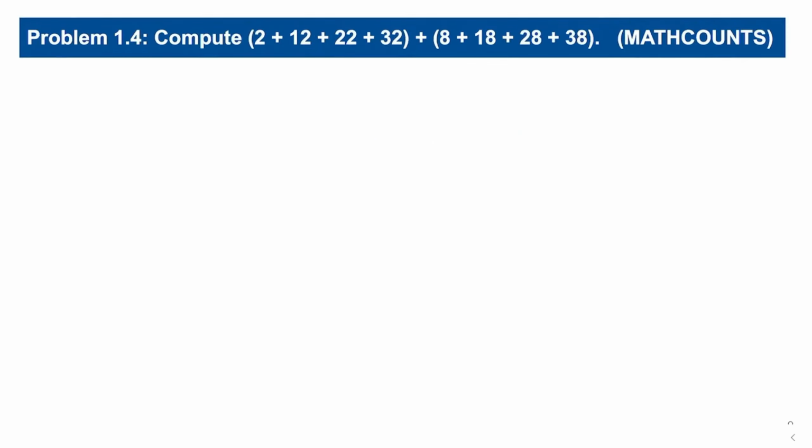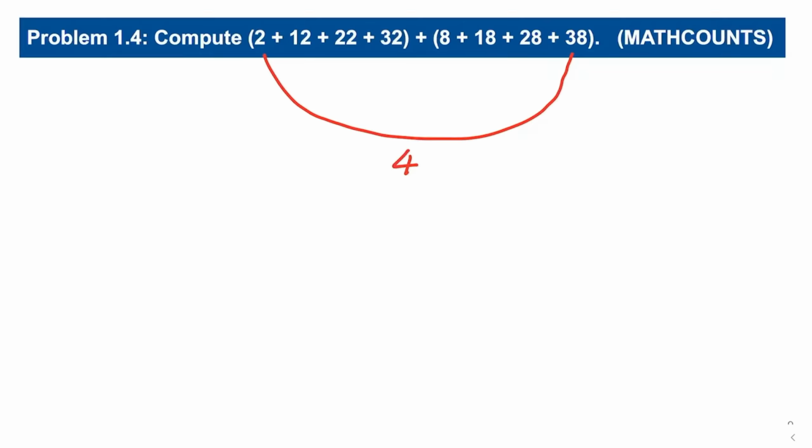Problem 1.4. Compute 2 plus 12 plus 22 plus 32 plus parentheses 8 plus 18 plus 28 plus 38. Again, 8 numbers added together. The order of addition doesn't matter. What we are going to do is we will add 2 and 38 first.